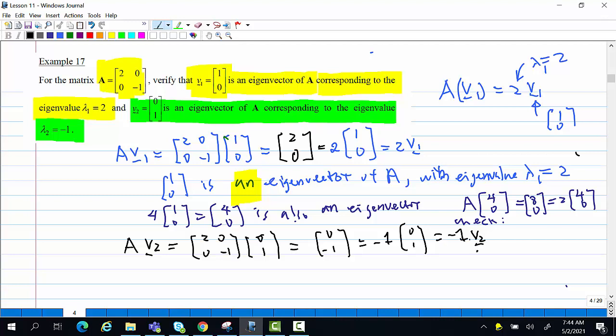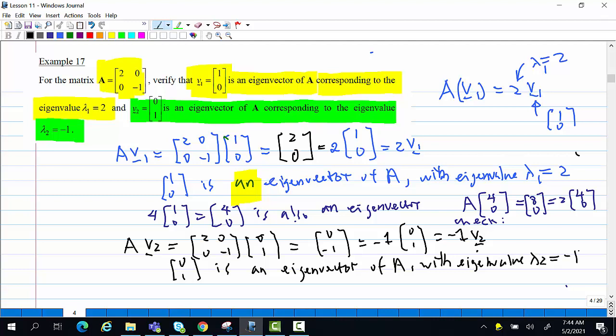That means that V2, which is 0, 1, is an eigenvector of A with eigenvalue lambda 2 equal to minus 1.